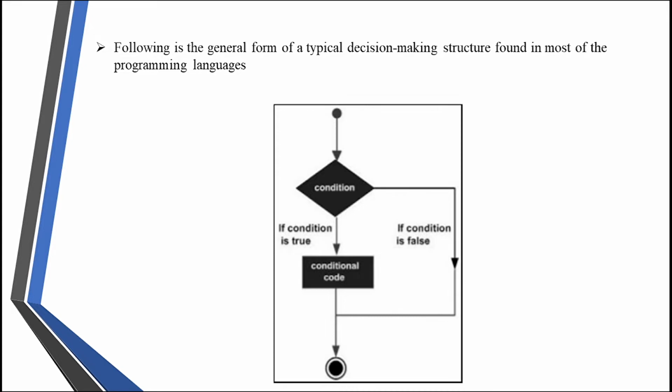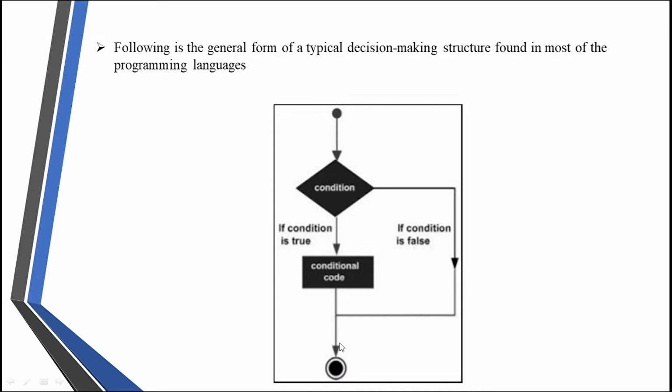When the statements are flowing in a sequence, one by one, and the condition arrives, if the condition is true, then we will execute the true statements. Otherwise, we will execute directly the false statements or the continuation of the statements.